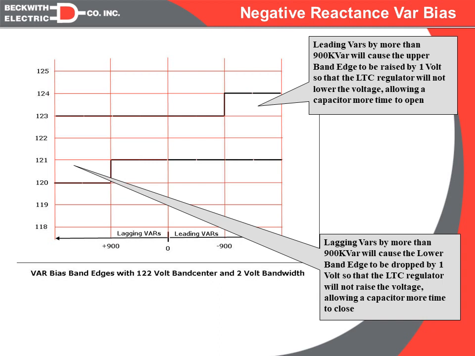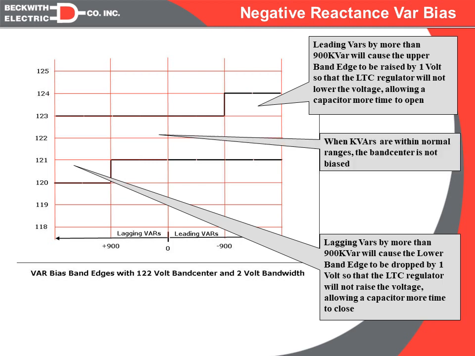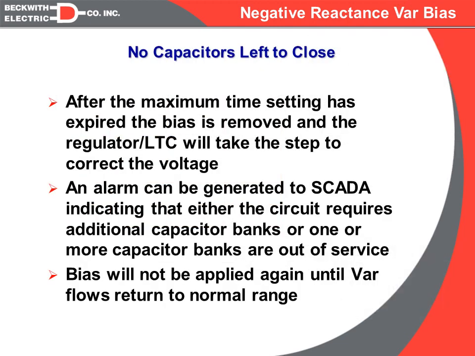So if we lower our band by 1 volt and the voltage is somewhere in this area here, where we would have been timing to a lower, we no longer are. The capacitor bank will be timing to a close, and again, this will give the capacitor bank additional time to close. And if we are in band, then we have no effect on the band center or the bands at all.